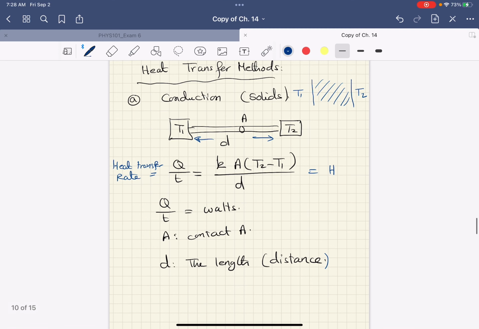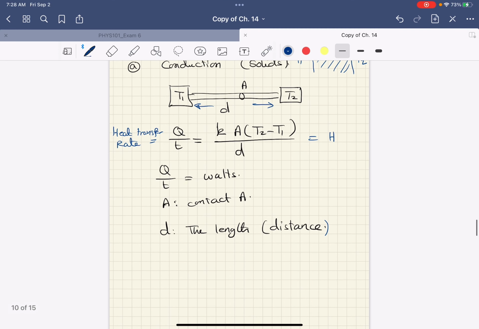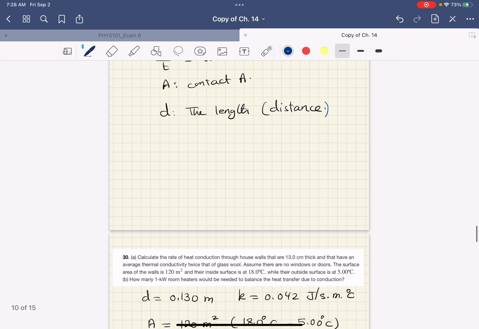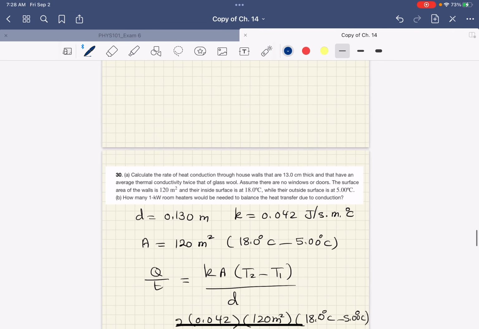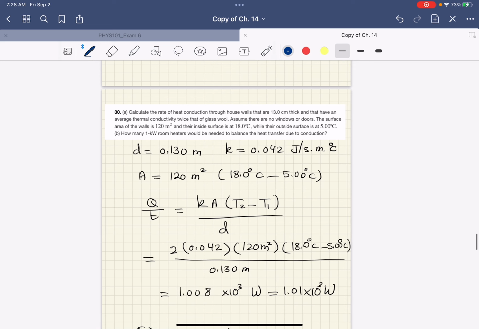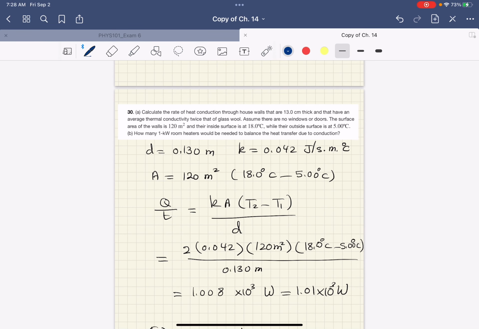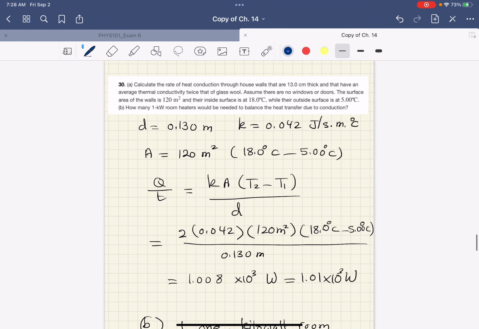Of course, k is different for different materials, depending on which material I'm talking about. I will show you right away how we are going to use this. Calculate the rate of heat conduction through house walls that are 13 centimeters thick and have an average thermal conductivity twice that of glass wall.